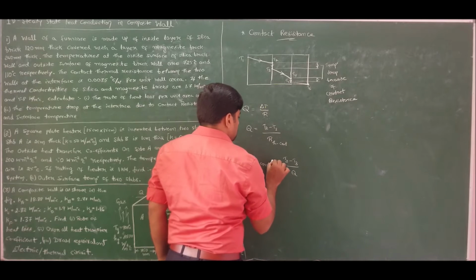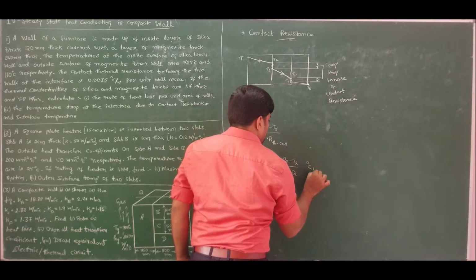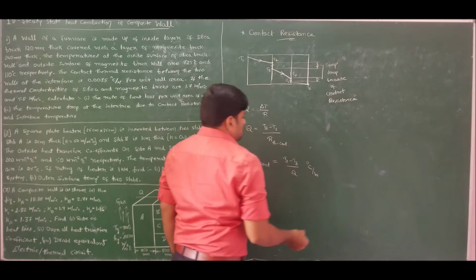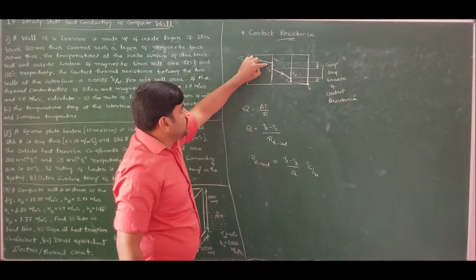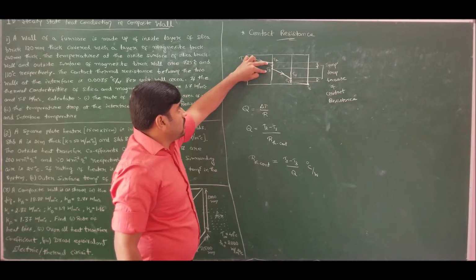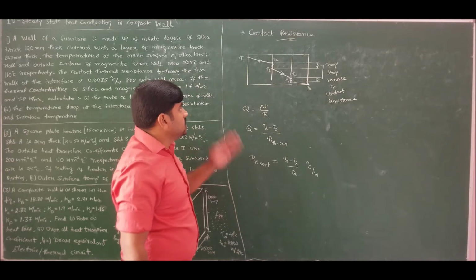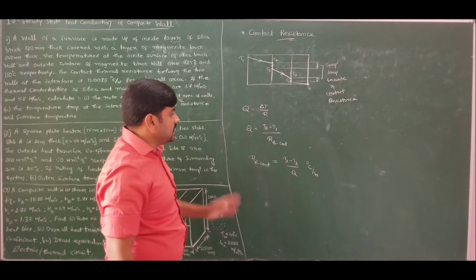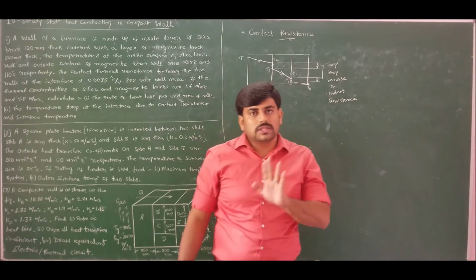Therefore, the thermal resistance due to contact is given by T2 minus T3 by Q. These values are experimentally determined and will be given when solving problems. If I know the temperature drop, that is T2 and T3, I can find the contact resistance between the walls. This is a very important concept in engineering when you solve problems on multi-layered or composite walls.